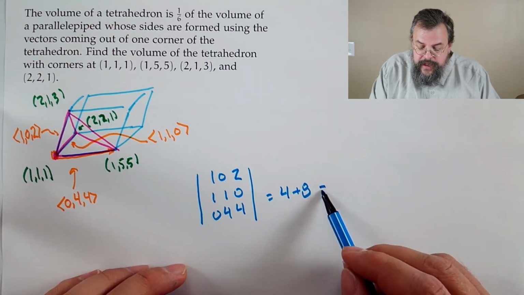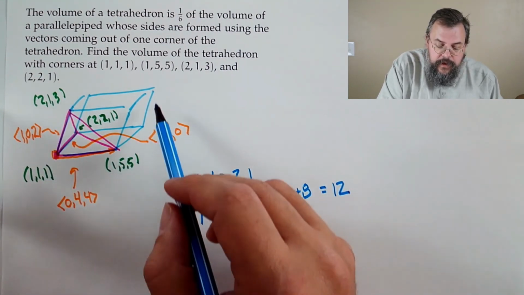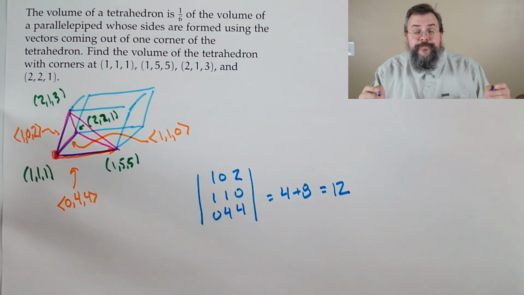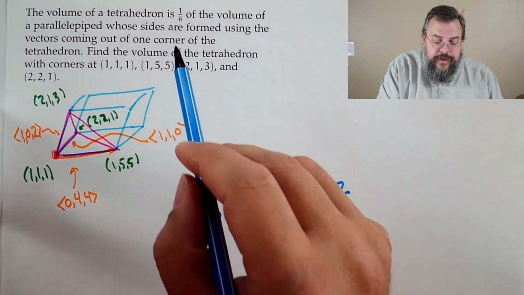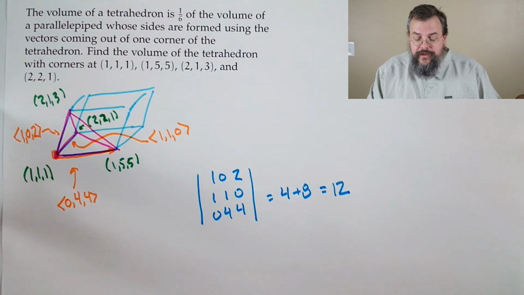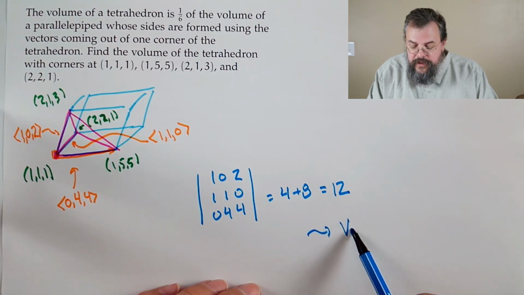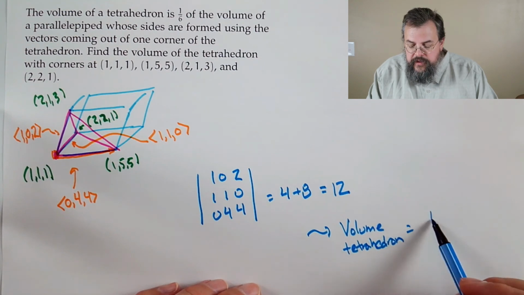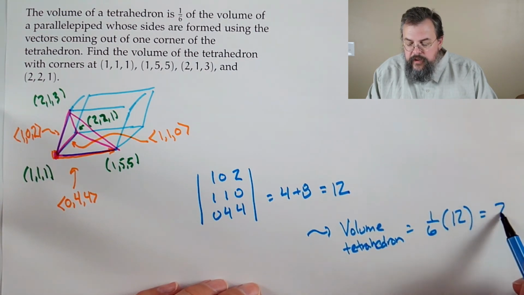So, the determinant is 12, which means that the volume of the whole parallelepiped is 12. We only want the volume in the corner, which is 1/6. So, the conclusion is the volume of our tetrahedron is going to be 1/6 of 12, also known as 2.